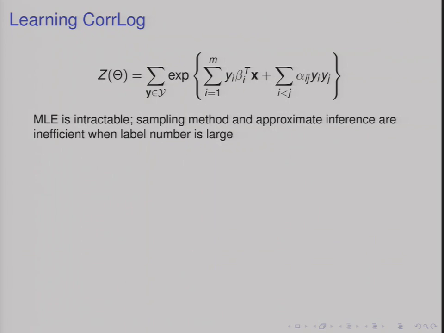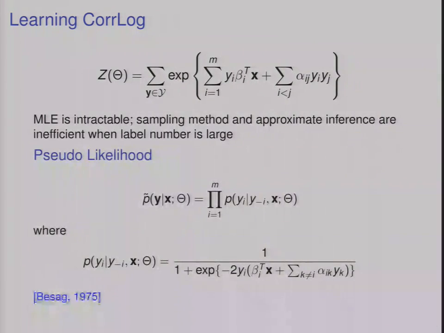For learning CorrLog, a straightforward way is maximum likelihood estimation. However, it is intractable because of the partition function. Although sampling methods or approximate inference can be applied, they are not very efficient when the number of labels is large.